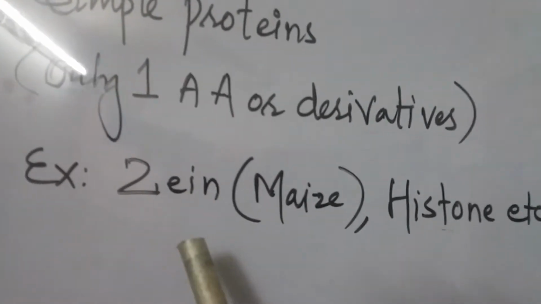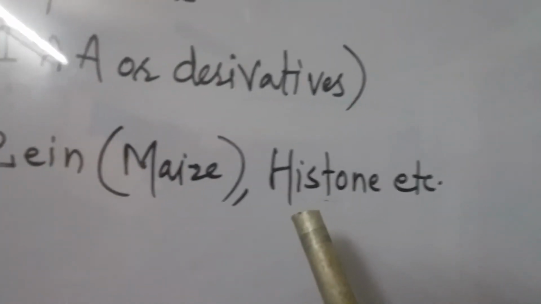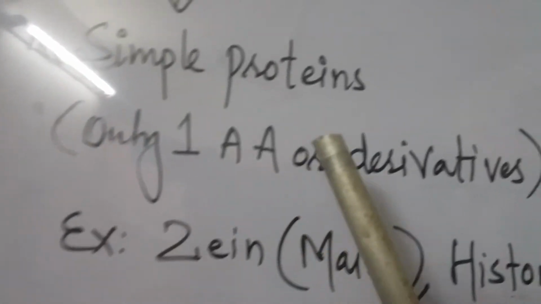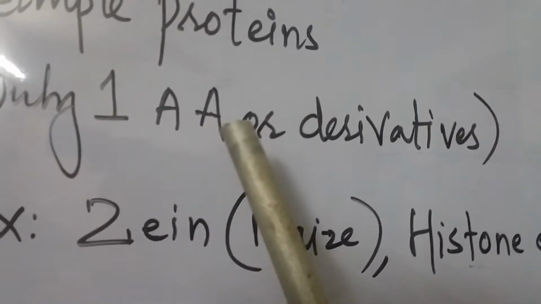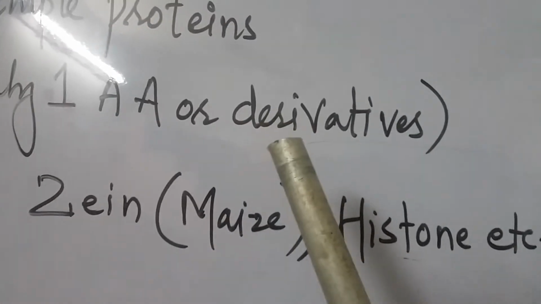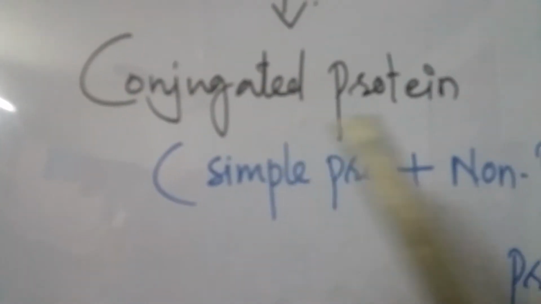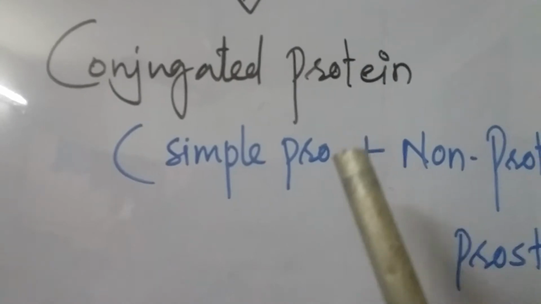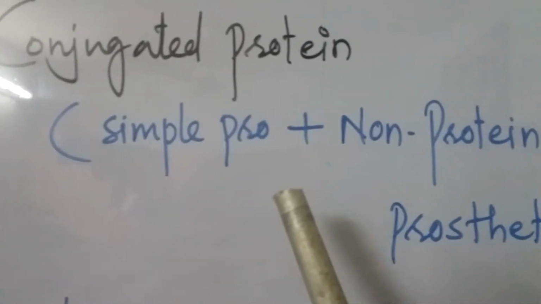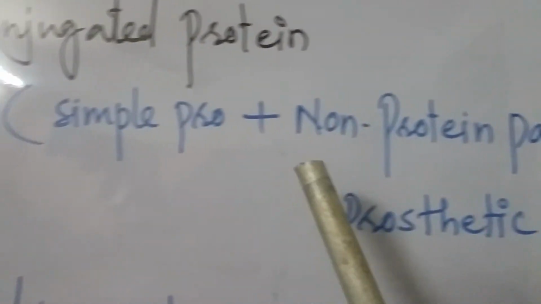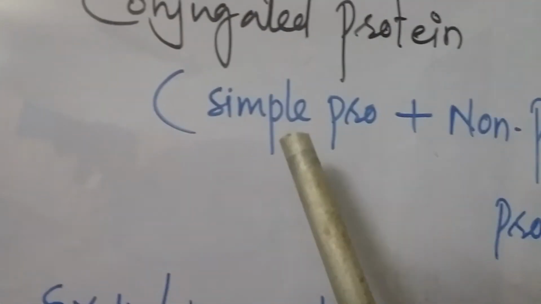For example, zein protein present in maize, or the histone protein. These are examples of simple protein, which consists of only one type of amino acid, not other types of amino acids, or either its derivative. While the conjugated type of protein consists of a simple protein, but that simple protein will bind with some non-proteinous part, and that non-proteinous part will always be with this simple protein.